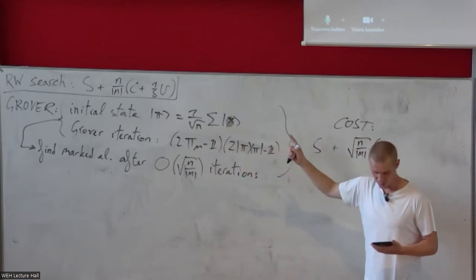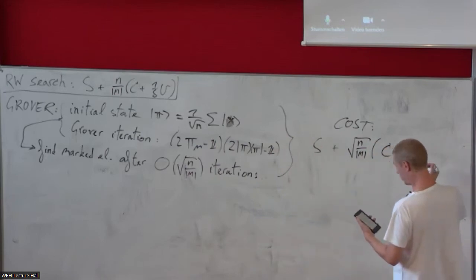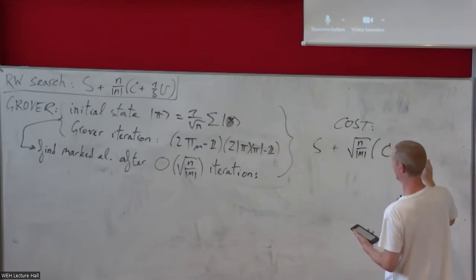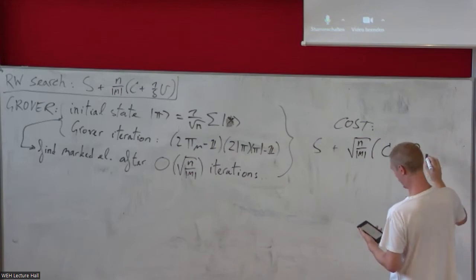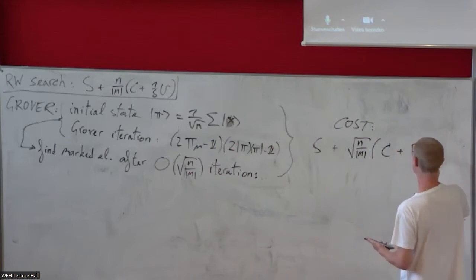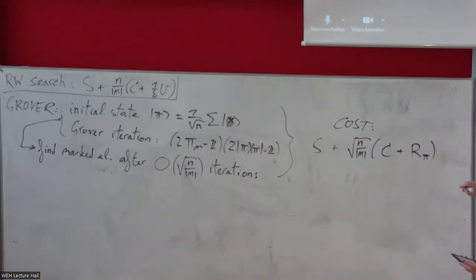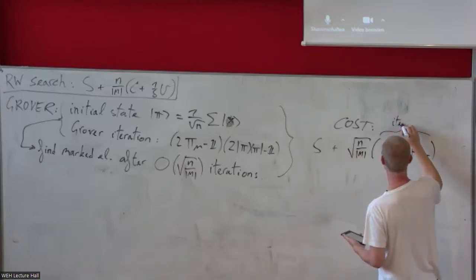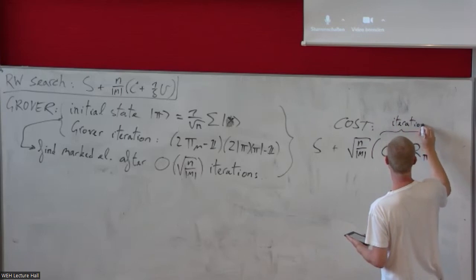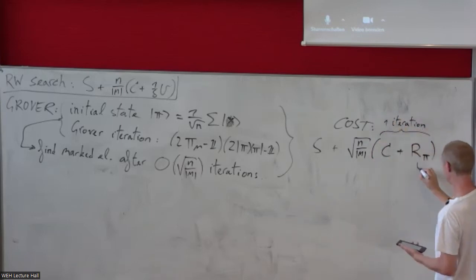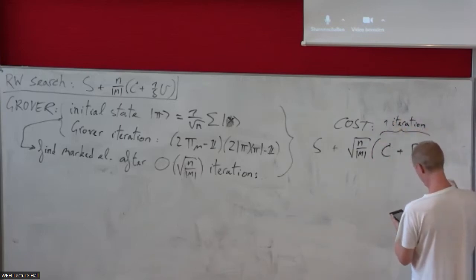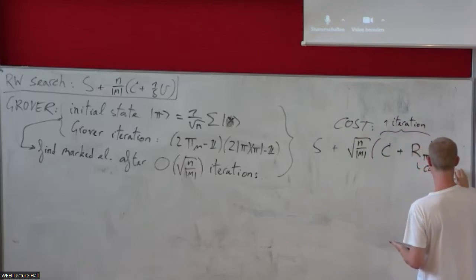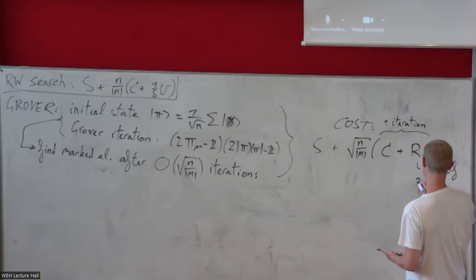Implementing this thing is more non-trivial. So I'll quantify it as R pi, the cost of implementing this reflection. This is the cost for one iteration.